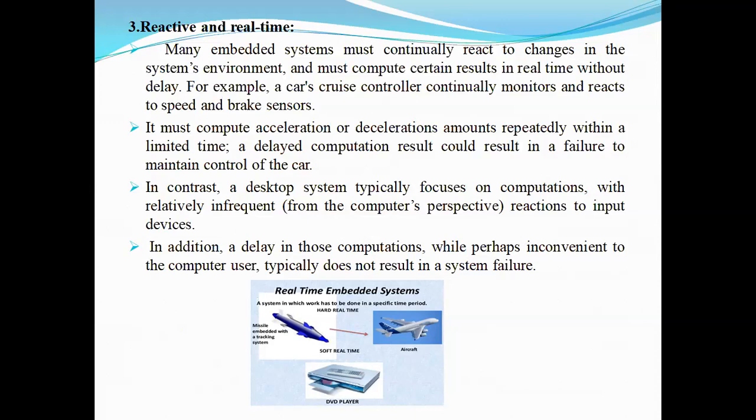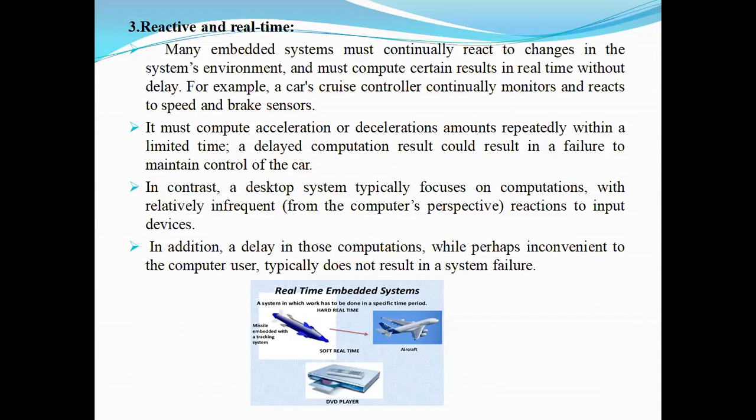There are two types of real-time systems: hard real-time systems and soft real-time systems. In a hard real-time system, for example, we have already seen the Kerala crash, where the aircraft must reach the runway within a particular time. Without achieving that deadline, it will be a major disaster. If an embedded product reaches the deadline within the time limit, and missing it does not create any disaster, that's called soft real time.